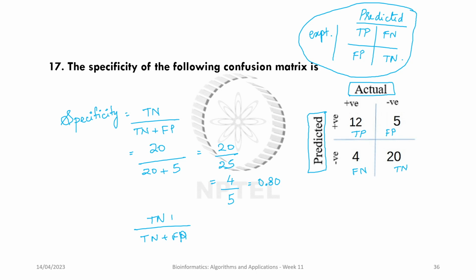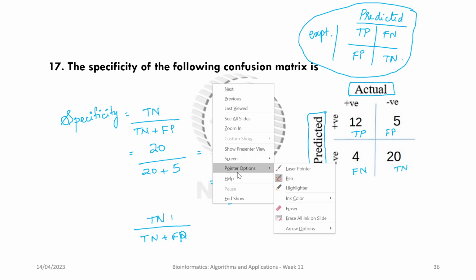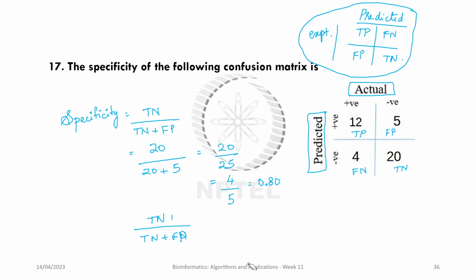Yes. So we don't have any discrepancies in the formula. We are all agreeing that it is TN by TN plus FP. But it's the error in FP and FN. Okay. Thank you, Kritika.